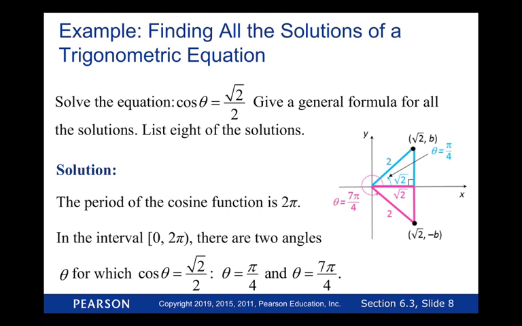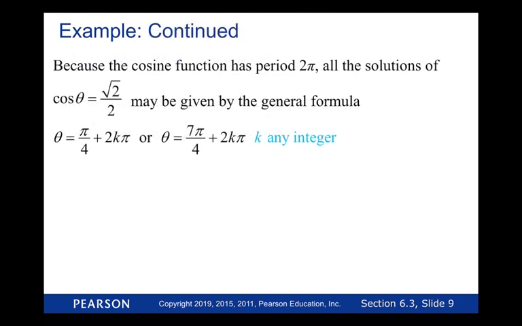So cosine repeats every 2 pi radians. On the interval from 0 to 2 pi, there are two angles, pi over 4 and 7 pi over 4. Those are the two angles that we solved for that made this true. Because the cosine function has a period of 2 pi, all the solutions of cosine of theta equals root 2 over 2 can be given in this general formula.